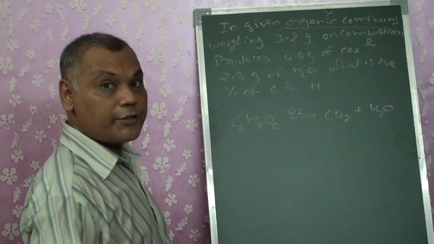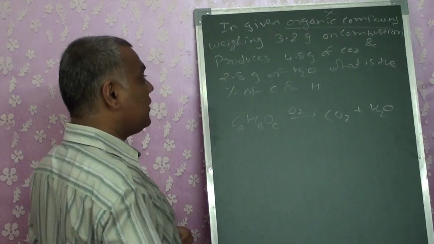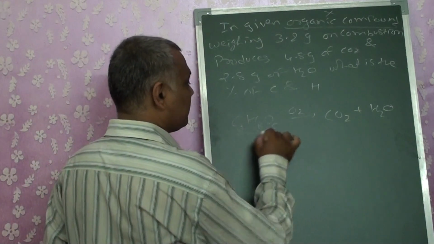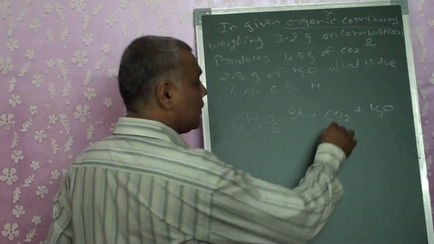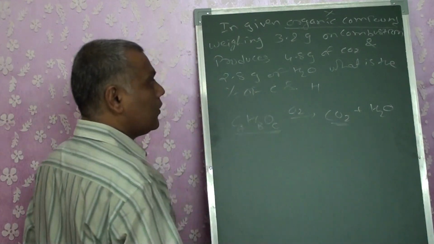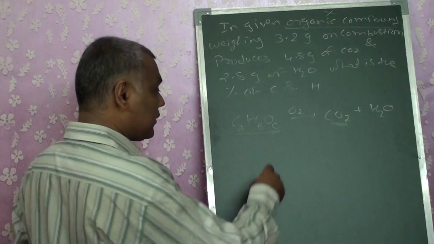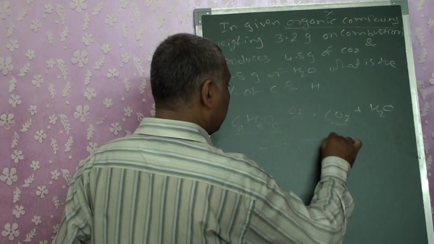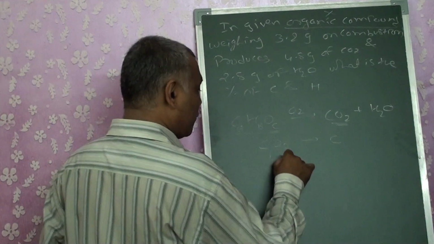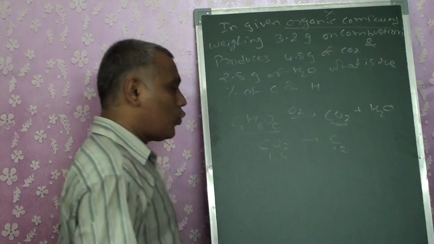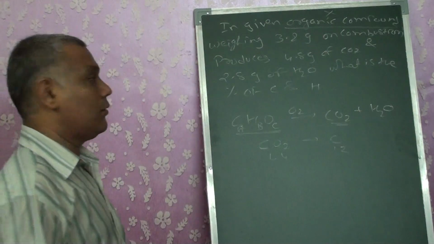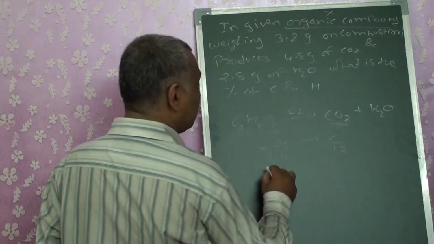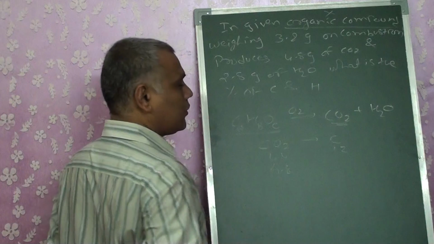Now what does this reaction show? There is a certain compound producing carbon dioxide. Carbon dioxide, CO2, contains C. If it is 44, then 12 is the carbon, but it is told to me that it is 4.8.